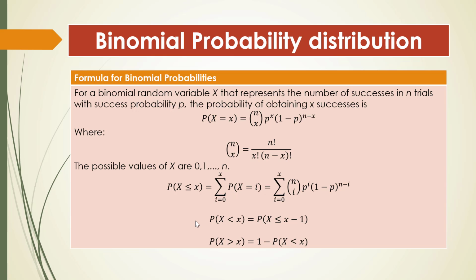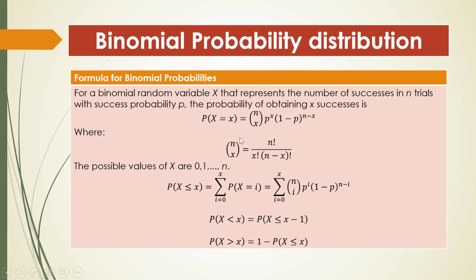So for a binomial random variable x that represents the number of successes in n trials, with success probability p, the probability of obtaining little x successes, probability X equal to little x, is n choose x, p to the x, 1 minus p to the n minus x.